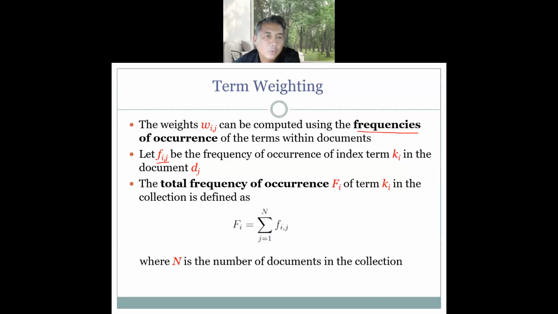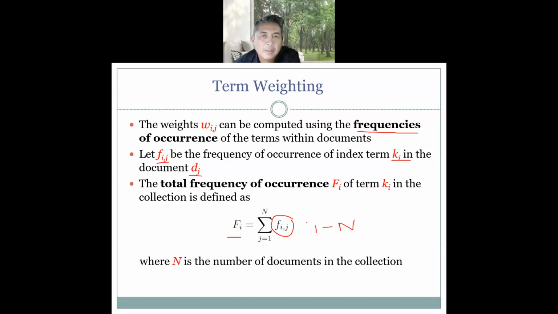So Fij refers to the frequency of keyword i in document j. The total frequency of occurrence, capital F i, of term Ki in the collection is defined as the sum of the frequency of i in all of the documents from 1 to n.